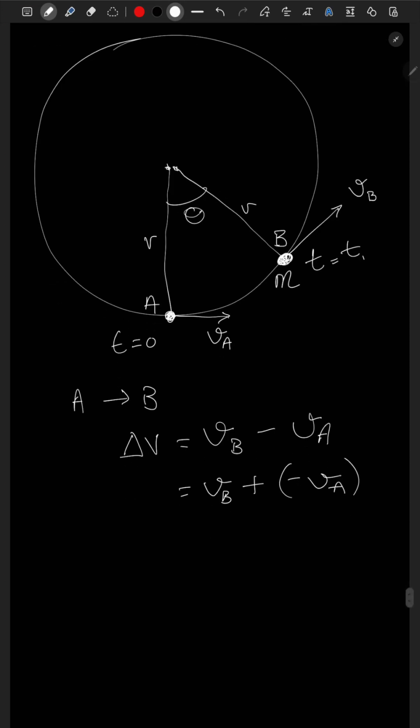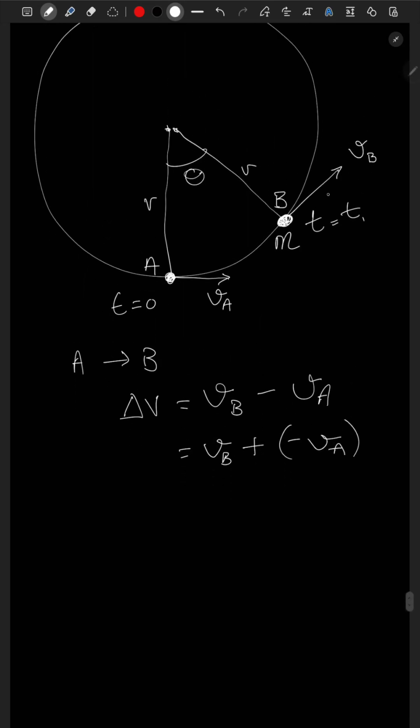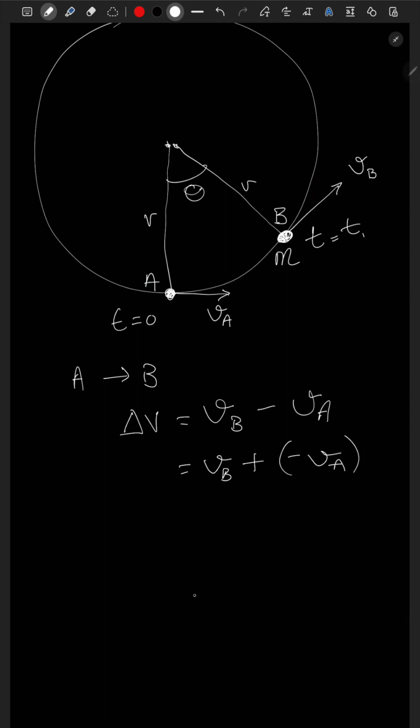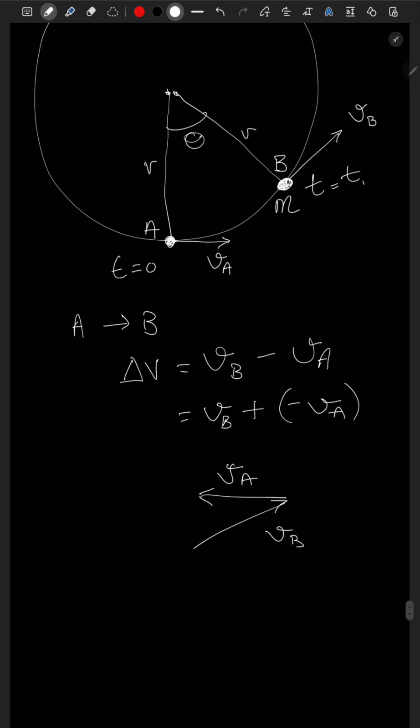It is just like we are adding two vectors, or subtracting a vector. So you know Vb is in this direction. Plus minus Va. Va is in this direction, but the minus Va will be in the opposite direction. Now, where is the resultant, the change in velocity? It is here. So this would be the change in the velocity.